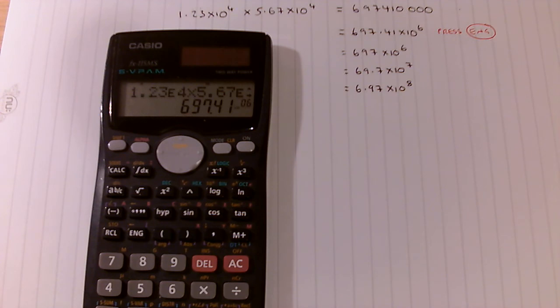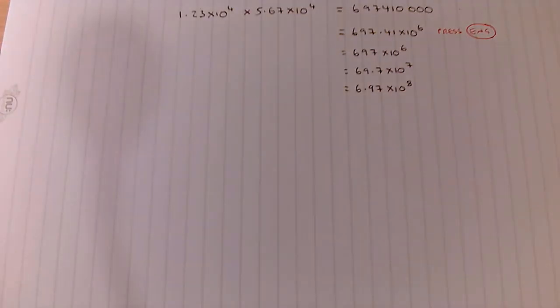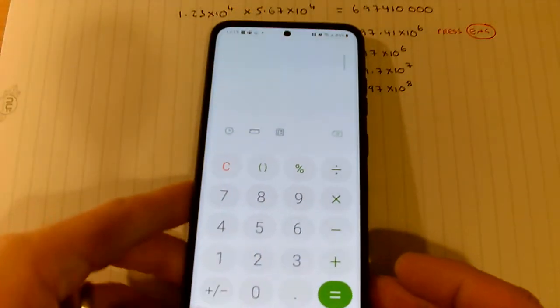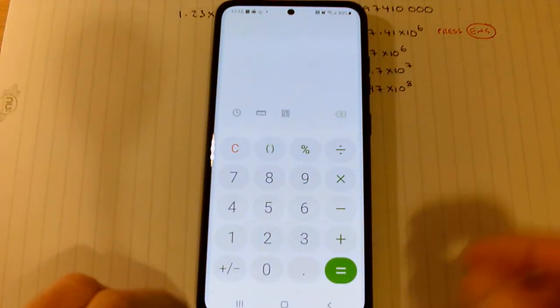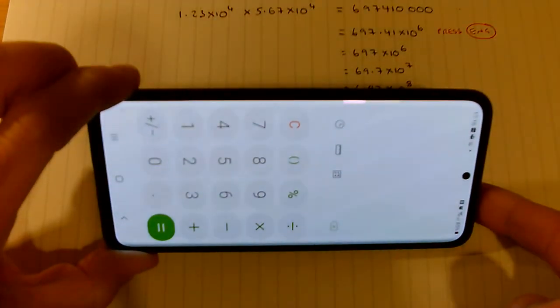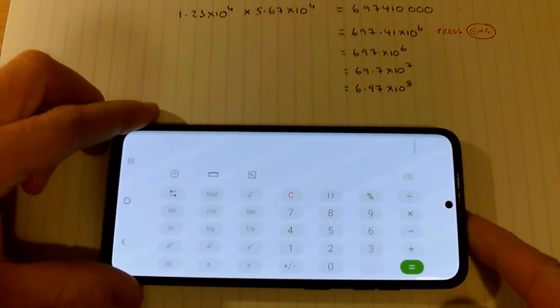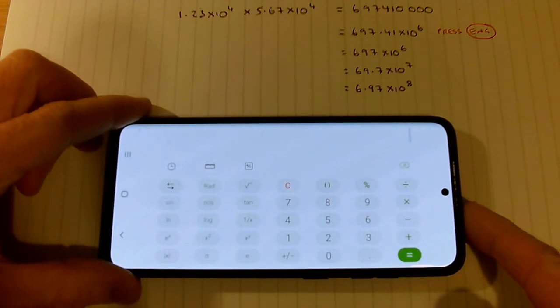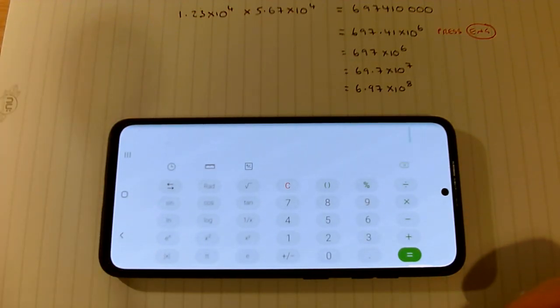So that's one way to do it. Okay. Alternatively, you may be using a calculator on a phone. So let's look at what happens here. I've got my calculator on my phone, and in order to get it to become scientific, I just turn it on its side. It makes it scientific notation. Now, your phone's going to be different from mine. This is just your stock calculator that's already installed in the phone.